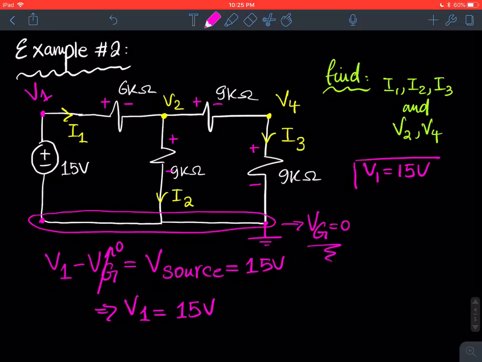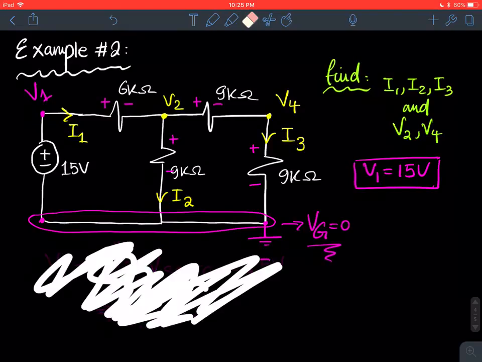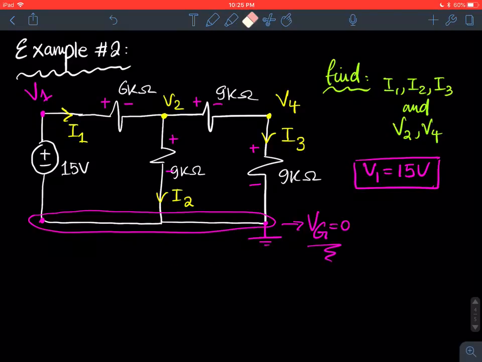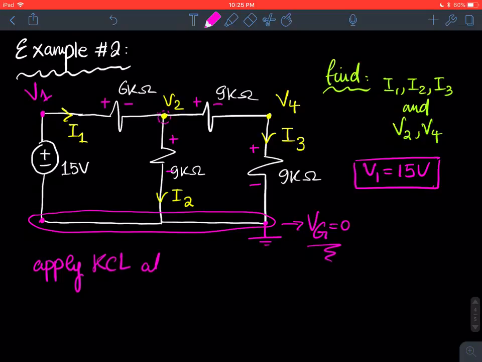Now, how can I make use of this? Let me just get this out of the way. If you look at this point right here, it reminds me of KCL, right? So we apply KCL at V2.